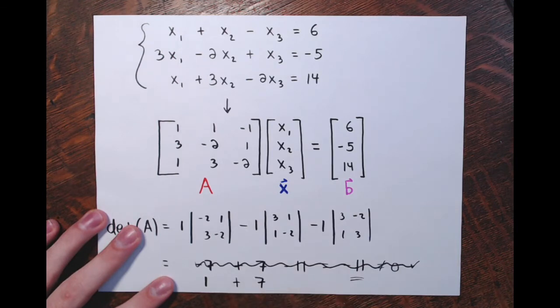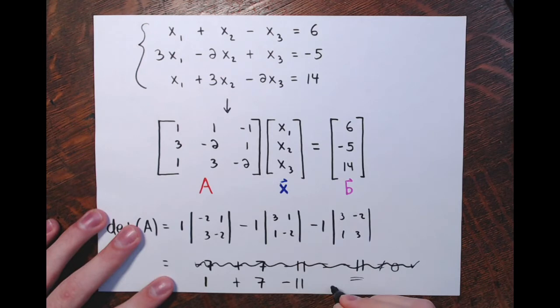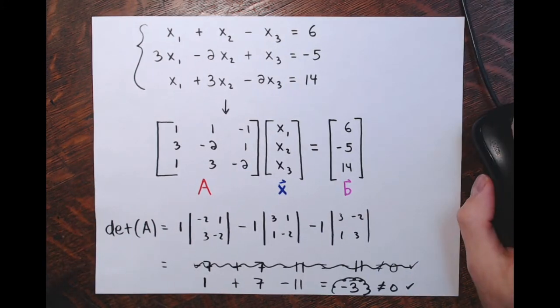Okay, good, that one's correct. And then 9 minus negative 2 is 11, minus 11. So this is 8 minus 11. All right, so the determinant's negative 3. My apologies. But still not 0, right? That's still good.